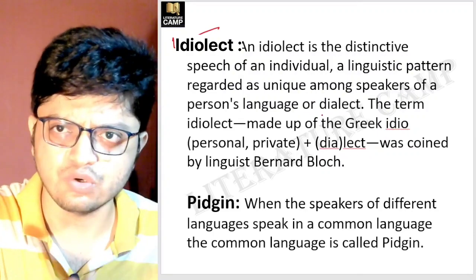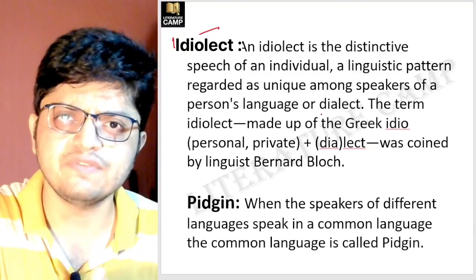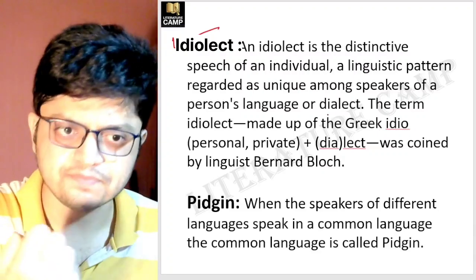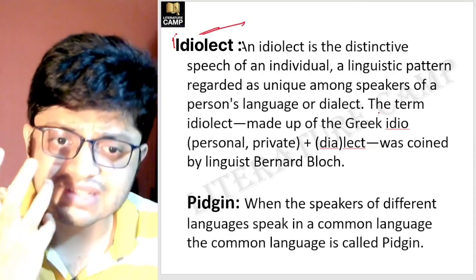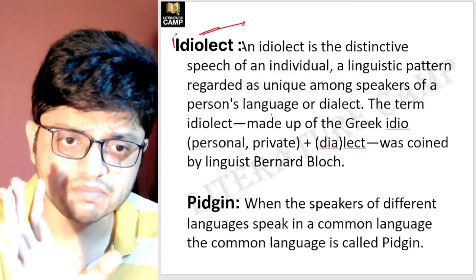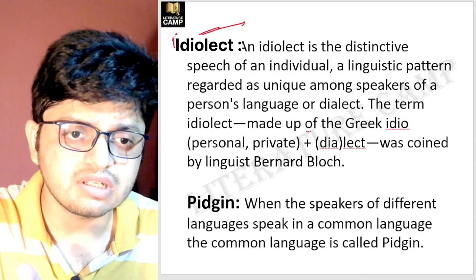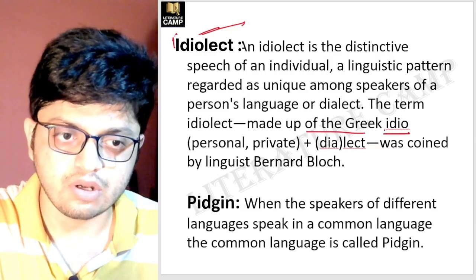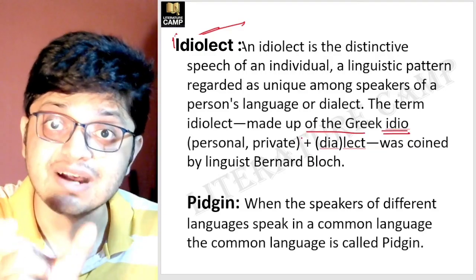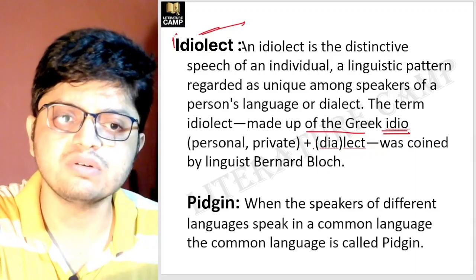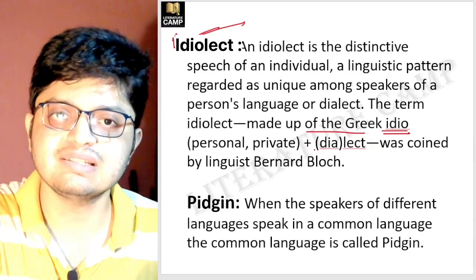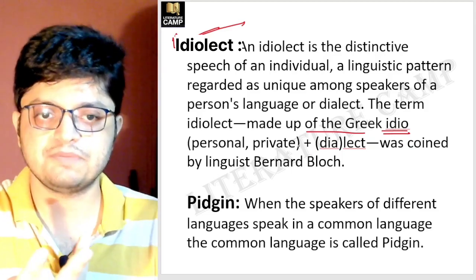And what is a dialect? I know dialect is the language of a group or a community, right? So that is called idiolect. The term idiolect is made of the Greek ideo, that means personal, private. Yes, because idiolect is about an individual's distinctive speech, right?